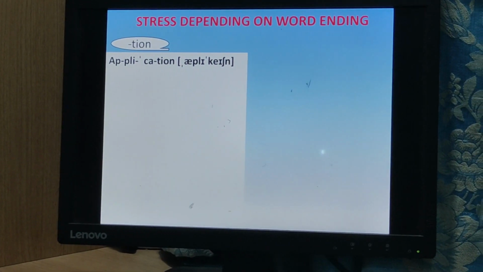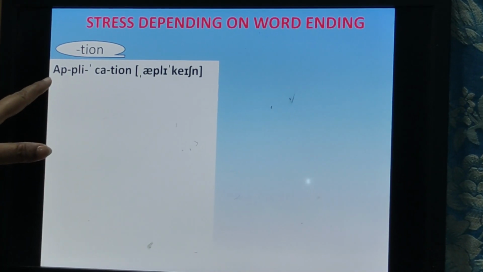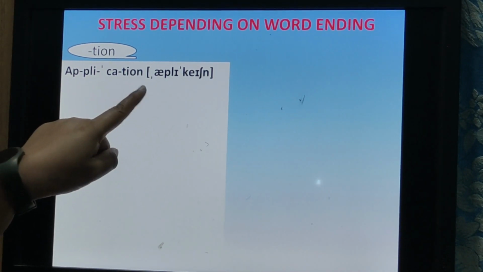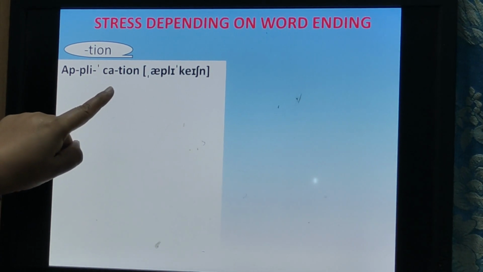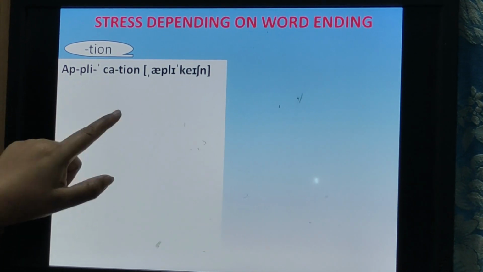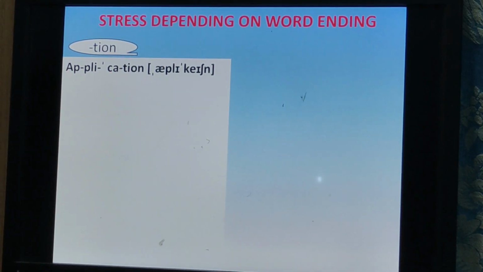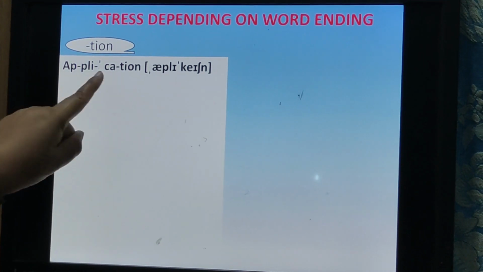We have the word application. Repeat after me. Application. We need to remember that this CA has the sound of K, and hence it is told with more aspiration, as if you're telling it with a cough. It's application.